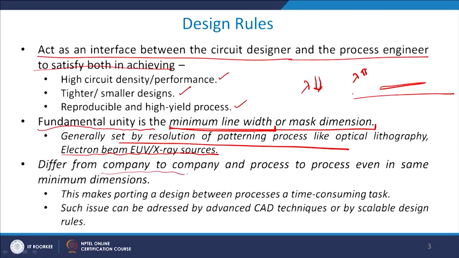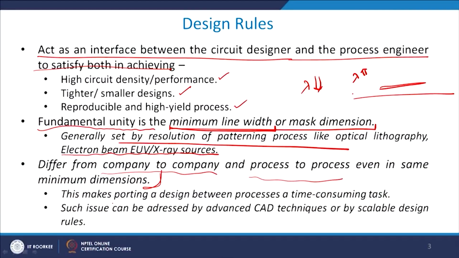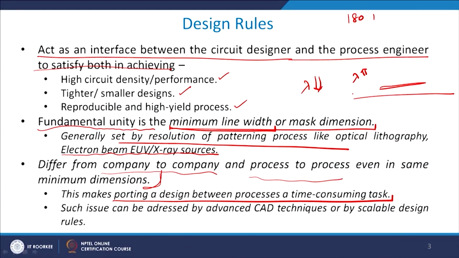Now, this also differs from company to company and process to process. With the same dimensions, the process will change, and it depends on the process flow each company takes. Therefore, porting a design between processes is a time-consuming task. Let us suppose today I have a process flow at 180 nanometer, and I want to port it to 90 nanometer.